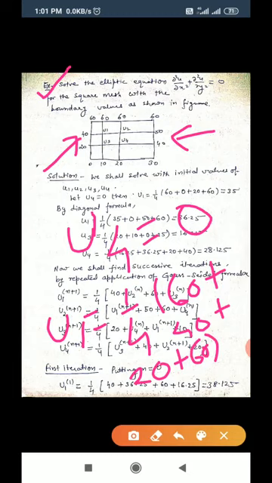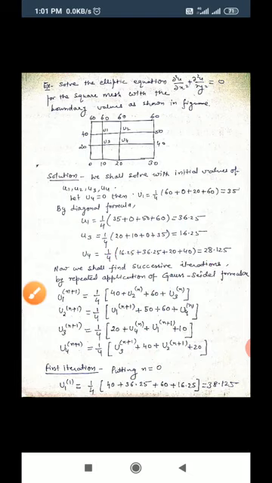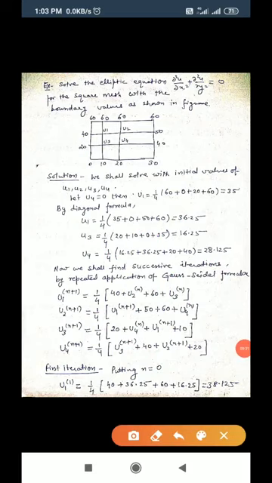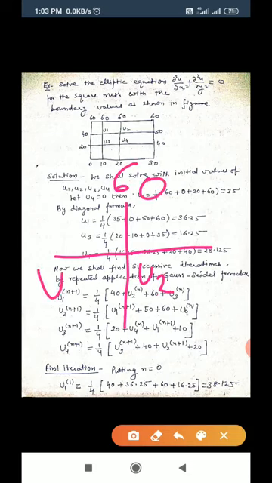Now to find u2, we use the standard formula. The element given here is 60. Here is u1, here is u4, and this side 50.